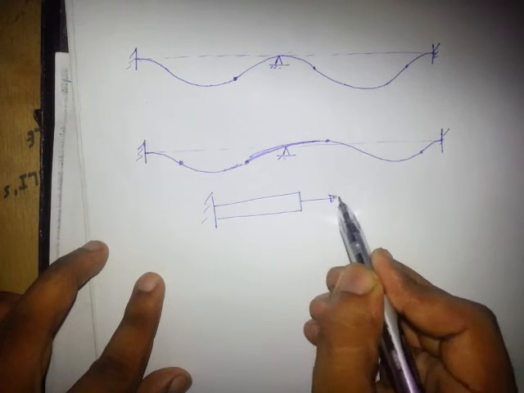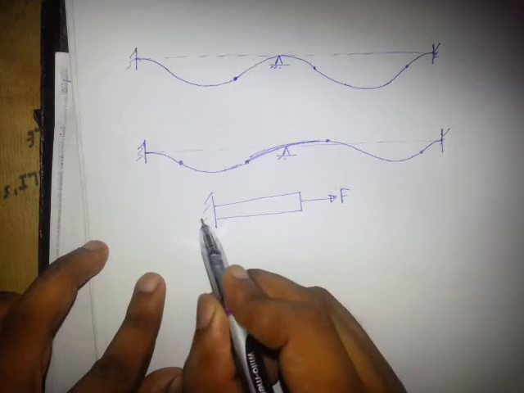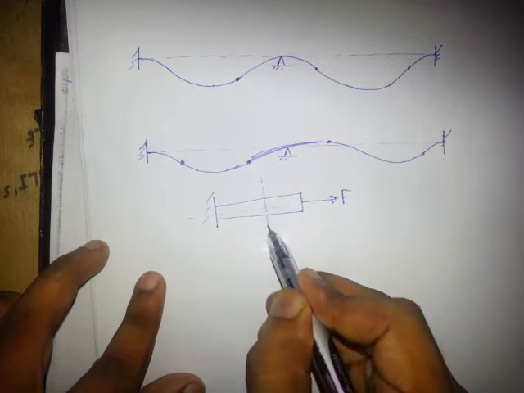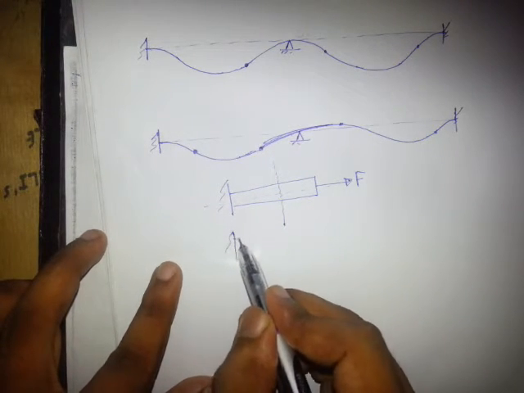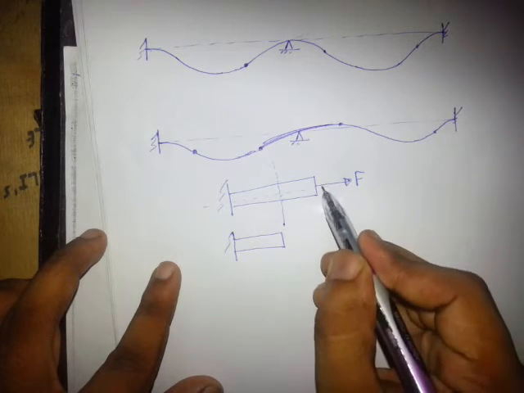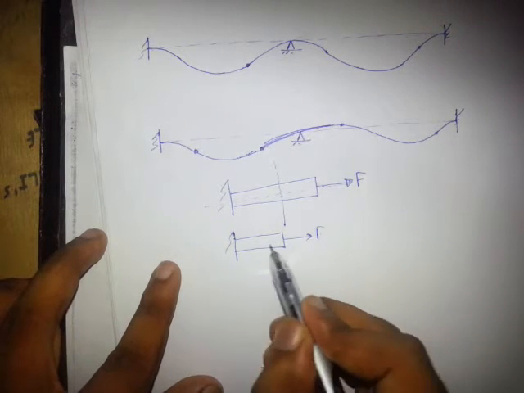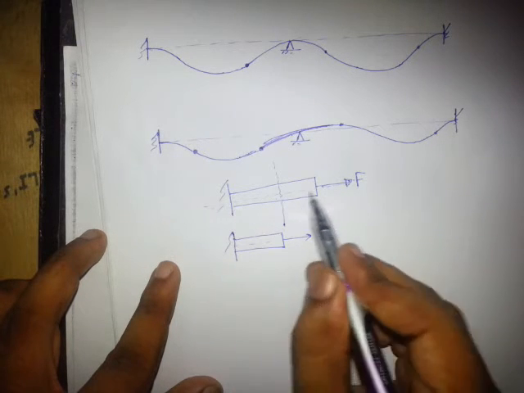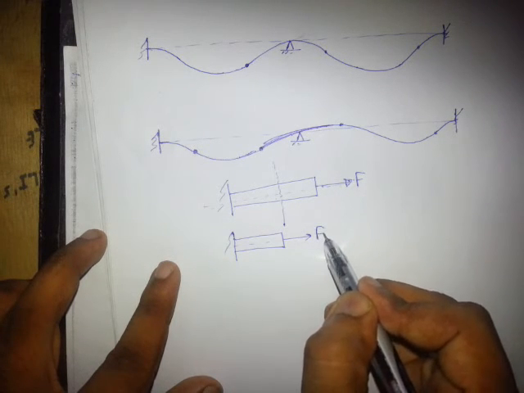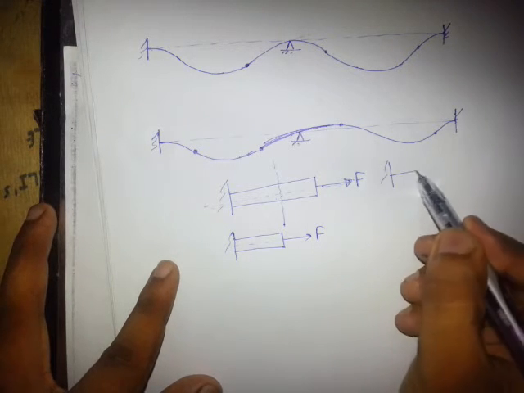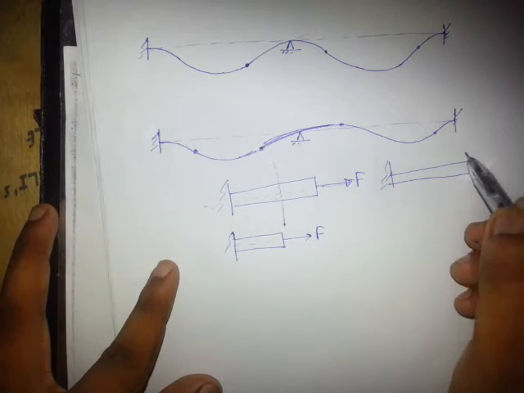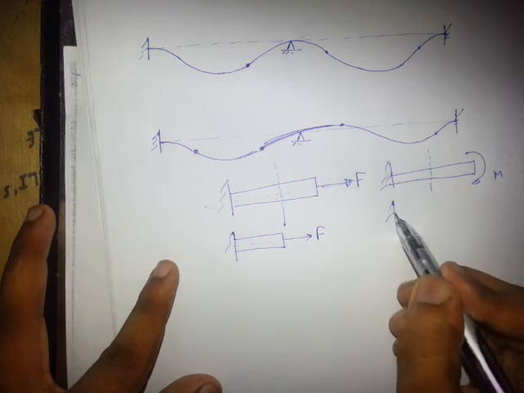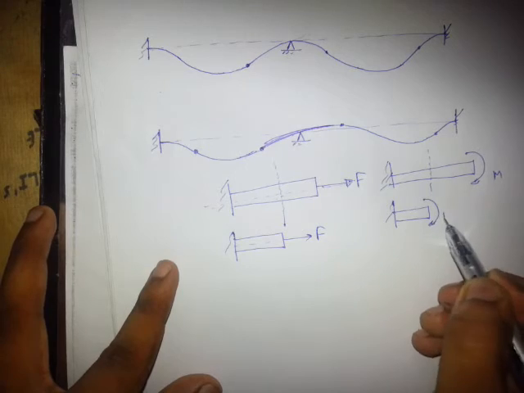Dear friends, you must have heard that if this is a force, this is F force, and we transfer the force in the line of action, means we want to find out the force here, I will say cut it here, and apply F, the same. If we transfer load in the line of action, the value remains the same. Similarly, if we transfer a moment, this is M moment, I want to calculate the moment here, cut it and write down the value like this.